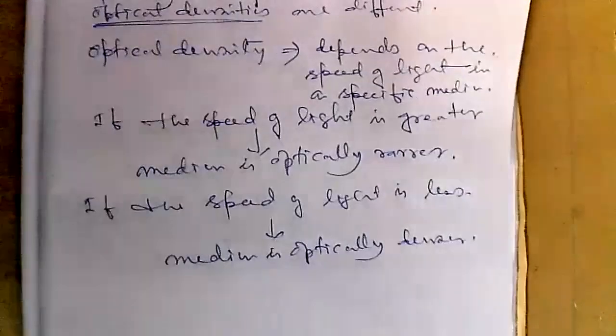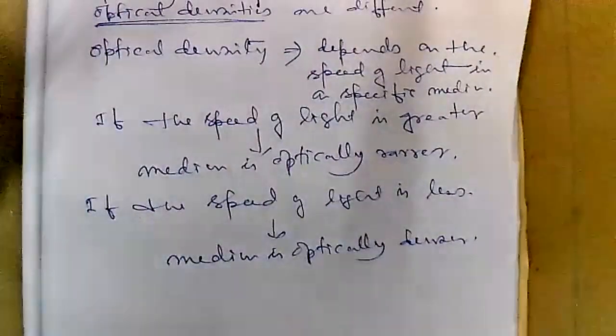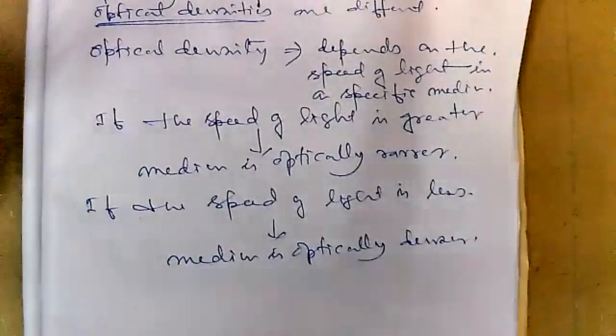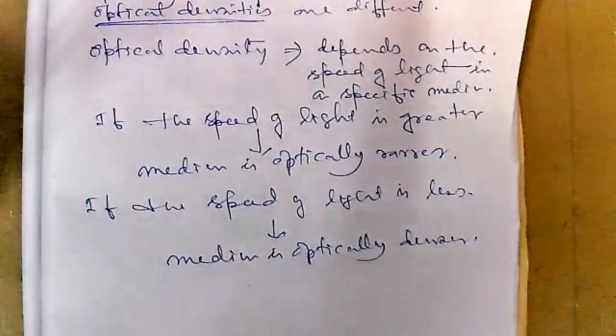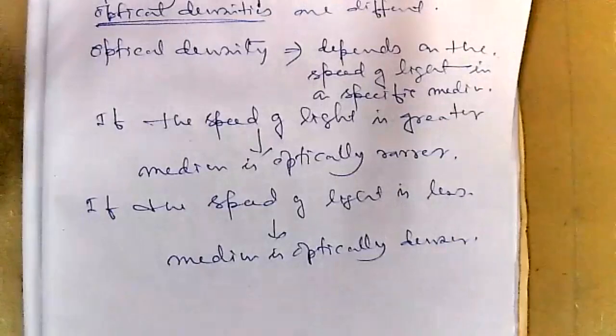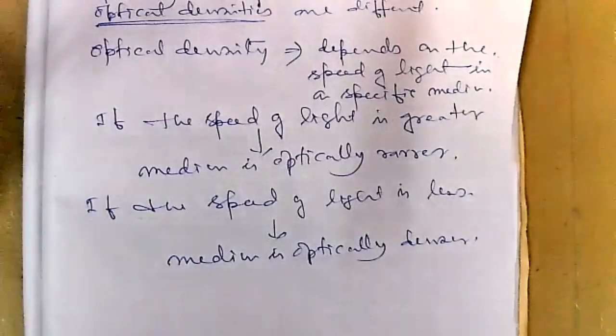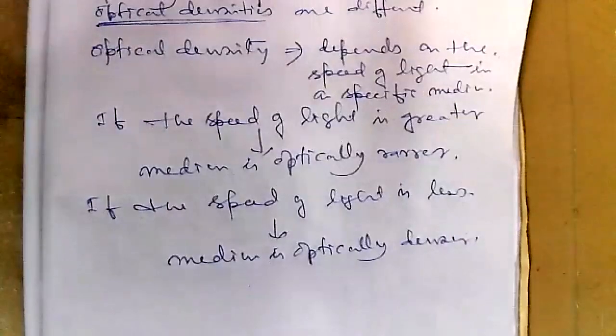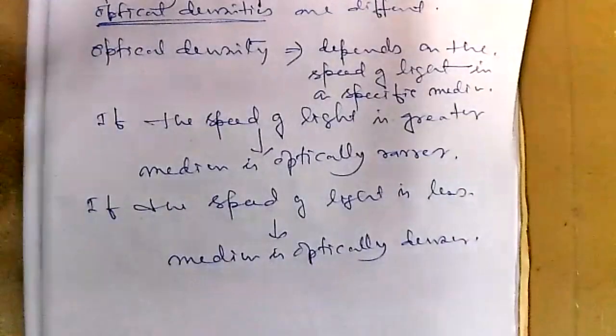So this optical density is not like the mass density, okay? It is different from the mass density. It depends on the speed of light, and in further course we will see it depends on basically the refractive index of the medium, okay?